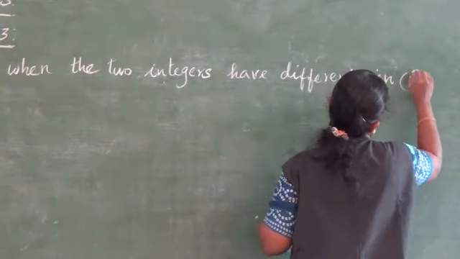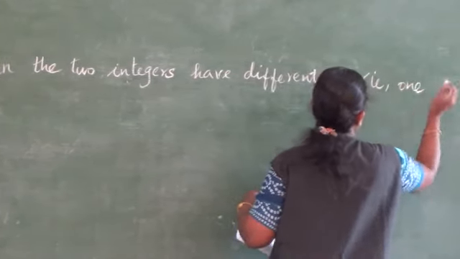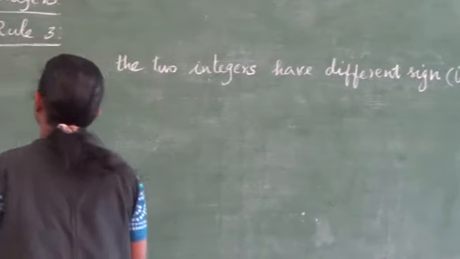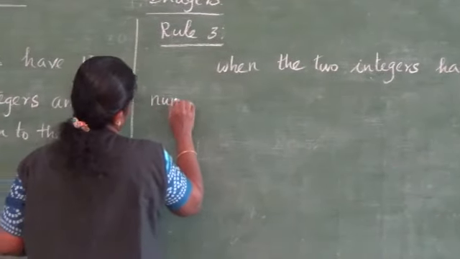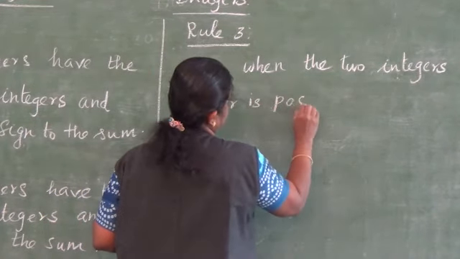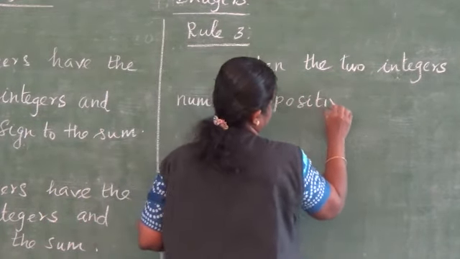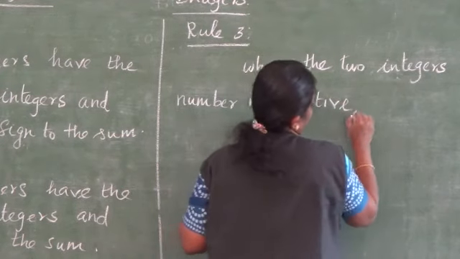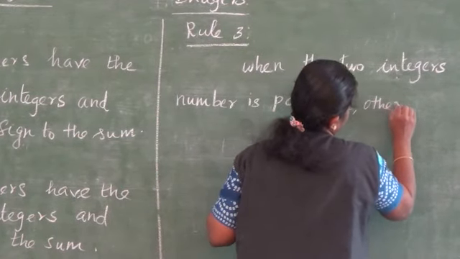That is, one number is positive, other number is negative.